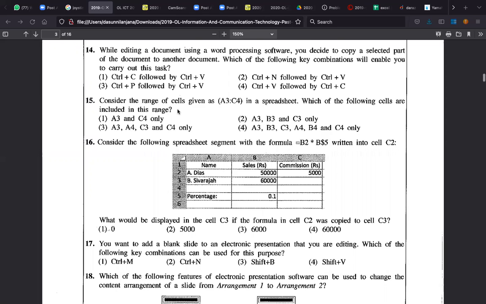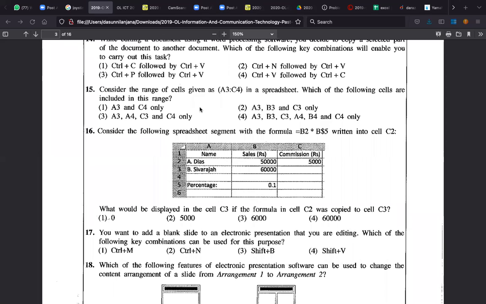Okay, then consider the range of cells given, A3 to C4.